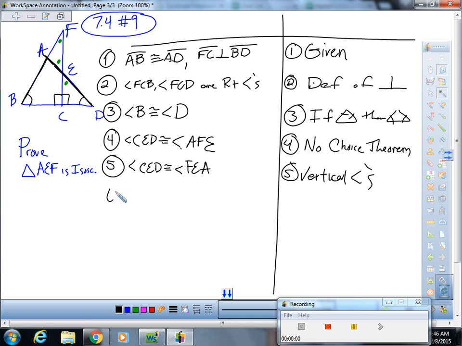So now we know that those two things are congruent to each other. Angle AFE is congruent to angle FEA by transitive.